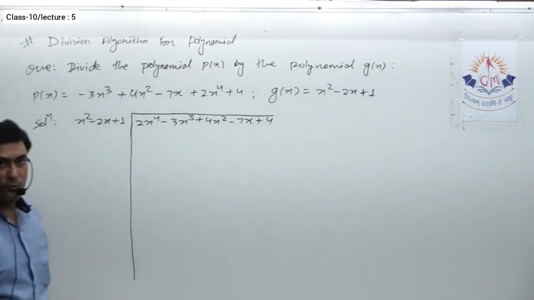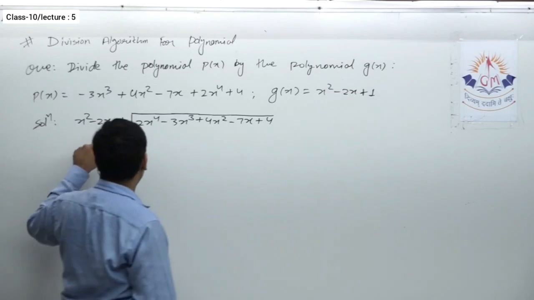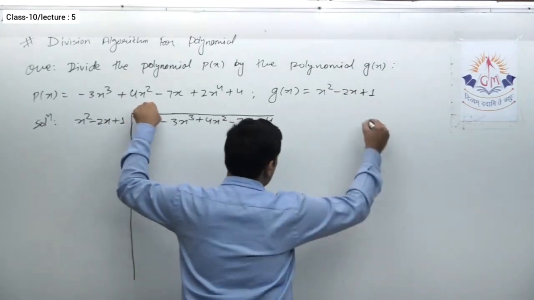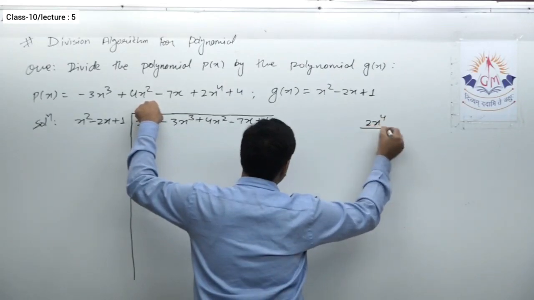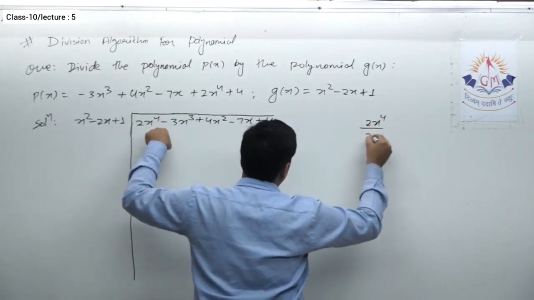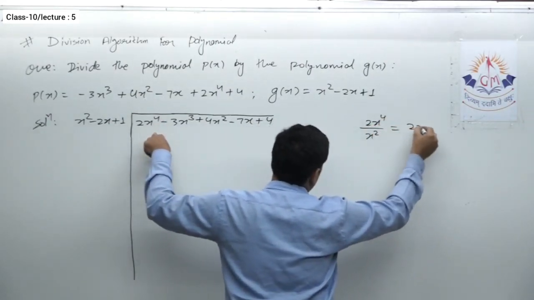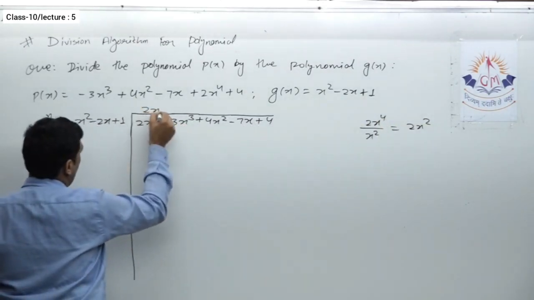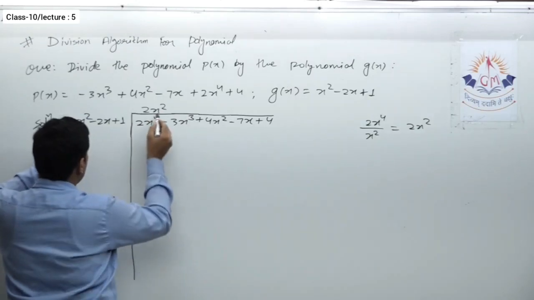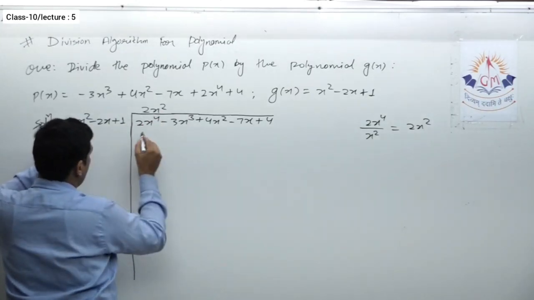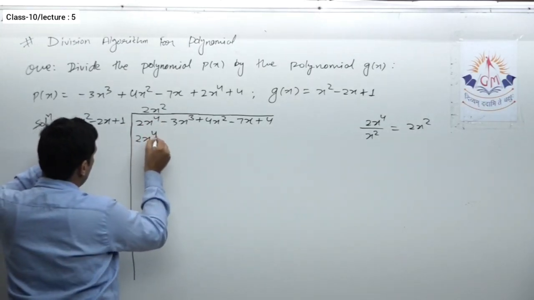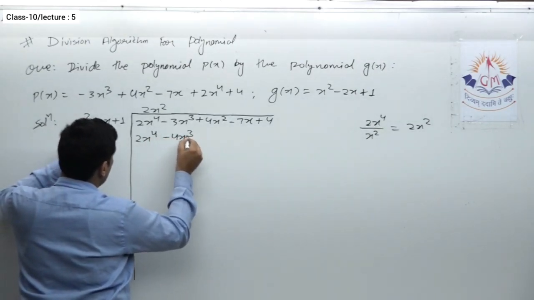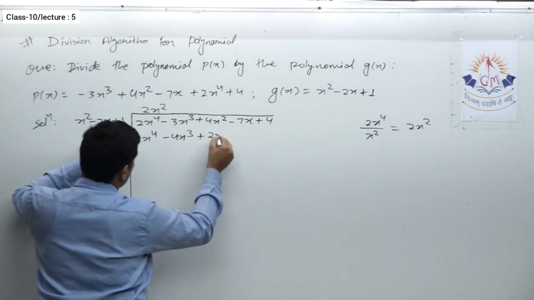Now I have to follow the same method. To obtain the first term of the quotient polynomial, I'll divide the first term of the dividend polynomial by the first term of the divisor polynomial. So here I'll get 2x square. So here I write 2x square. Now 2x square multiplied by x square gives you 2x raised to 4 minus 4x cube plus 2x square.